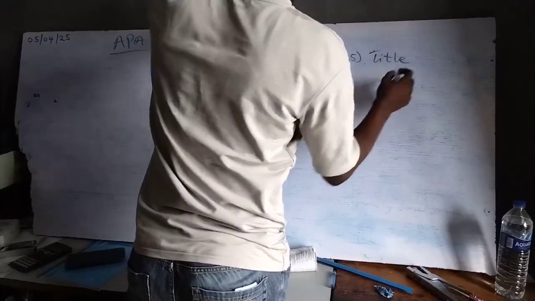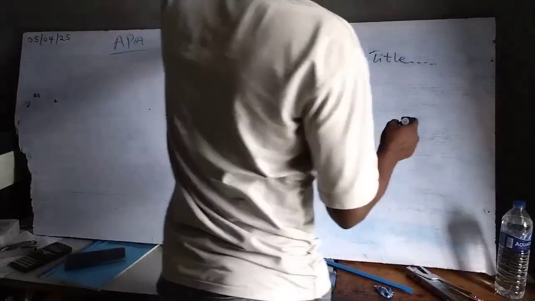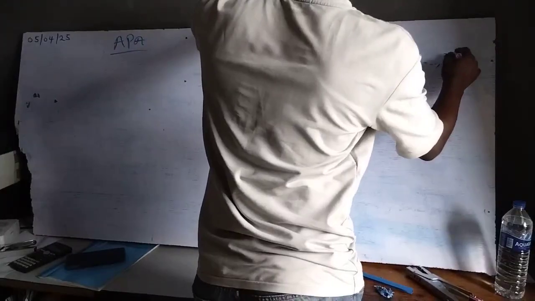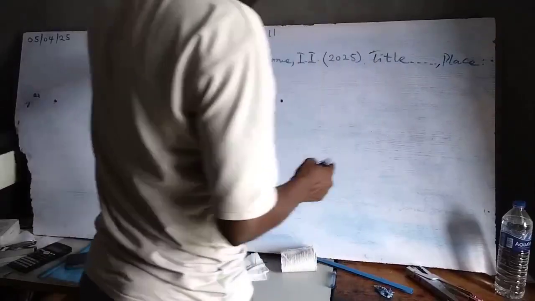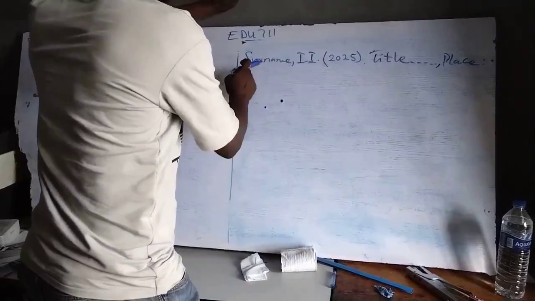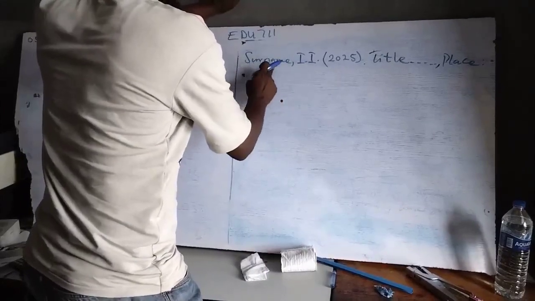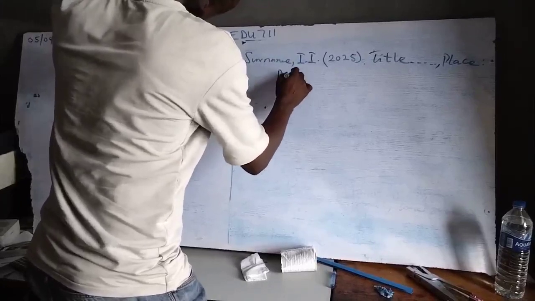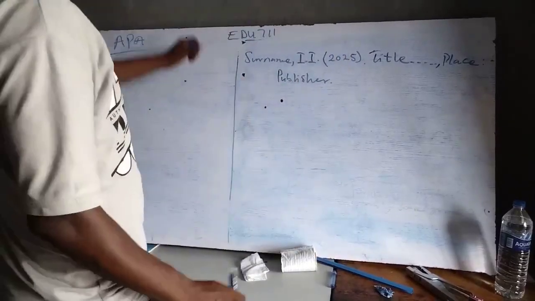After that you have the place of publication, then colon after the place of publication, then the publisher name. Since you are coming into the second line, 1 2 3 4 5, the sixth, start from there. You have the publisher, and that is the end.